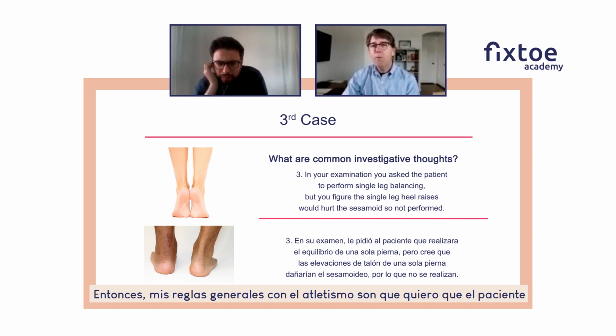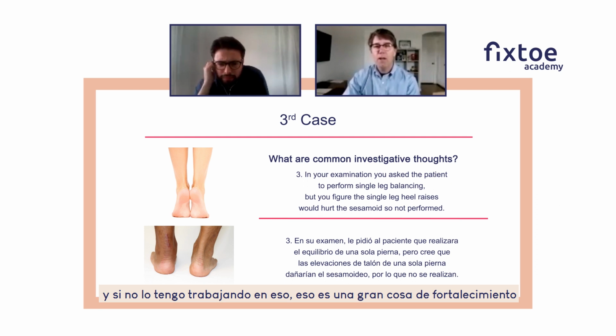So my rules of thumb with athletics is that I want the patient to be able to do 2 minutes of a single leg balance. And if not, I have them work towards that. That's just a great strengthening thing for the whole leg.